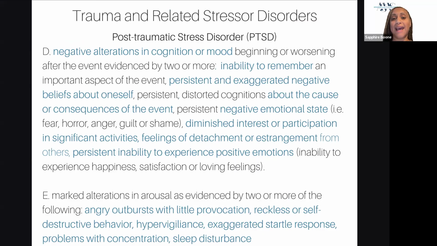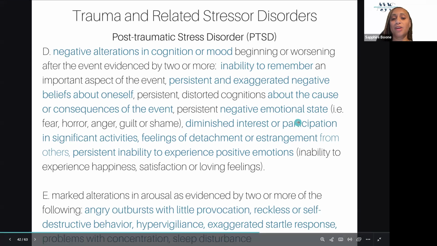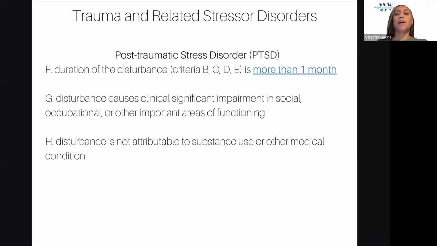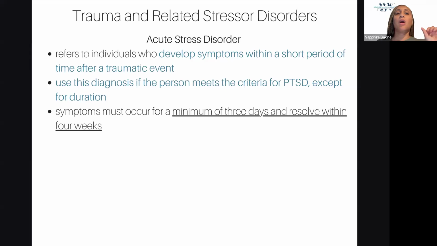You might feel detached because of your response to that life or death situation. And then it's evidenced by two of the following: anger outbursts, hypervigilance, reckless or destructive behavior, maybe a startle response or problems with concentration or sleep disturbance, right? But it has to happen for more than 1 month and significantly impair your functioning.